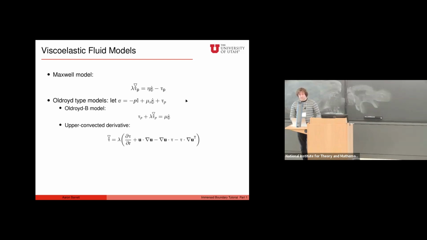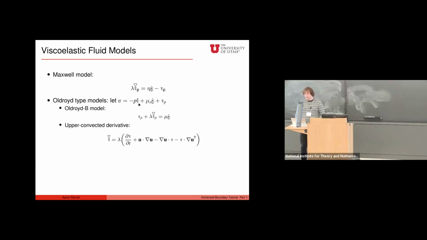The Oldroyd-B model says there's also an associated viscous solvent, so the background fluid. A picture to have in your mind is, if we're thinking of a polymeric fluid that has viscoelastic behavior, the polymers are behaving something like springs or Maxwell elements, and they're immersed in water, which is behaving as a solvent.